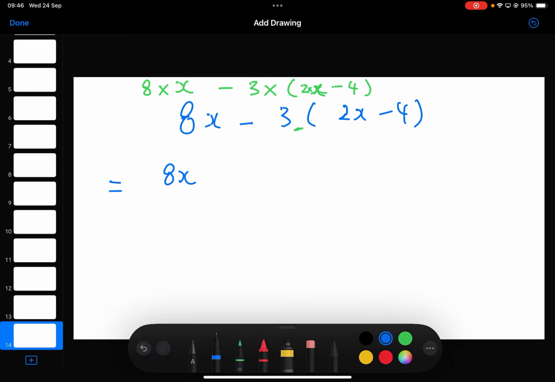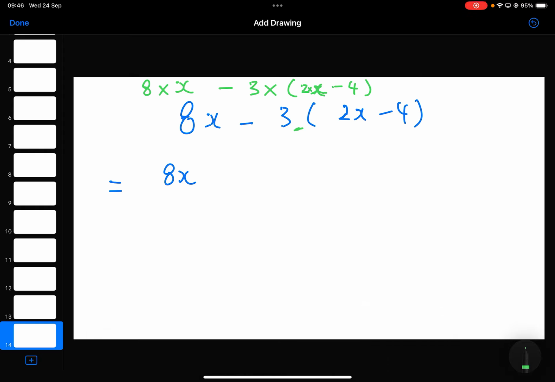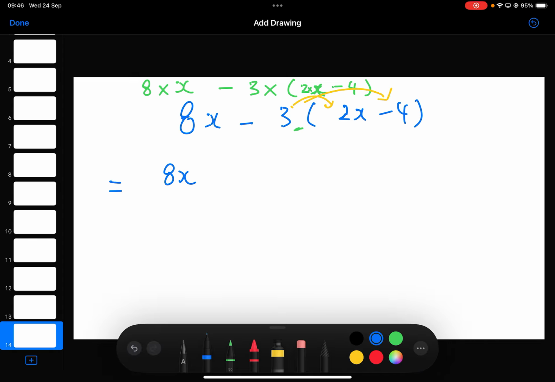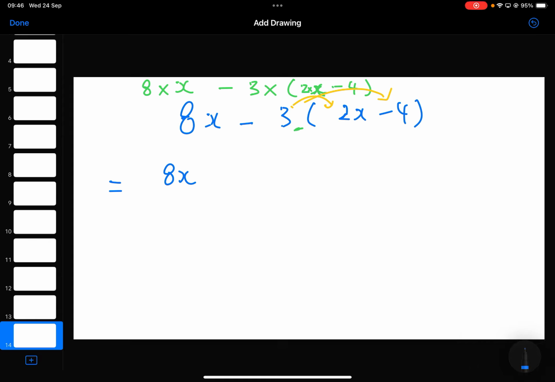That is when our rainbow method comes in. I need to subtract 3 times of 2x. I need to subtract 3 times of negative 4. So 3 times of 2x is 6x. Then minus 3 times of 2x, so I need to minus 6x. I want to minus 3 times of negative 4.